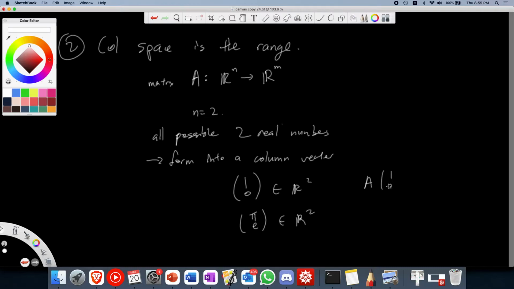this matrix A on them, and that will give us something over here. So that will give us some three component vector, and this will also give us some 3 component vector. So what is the range?